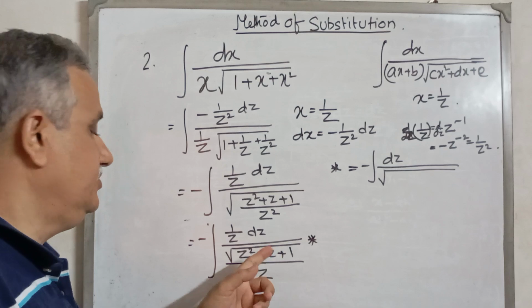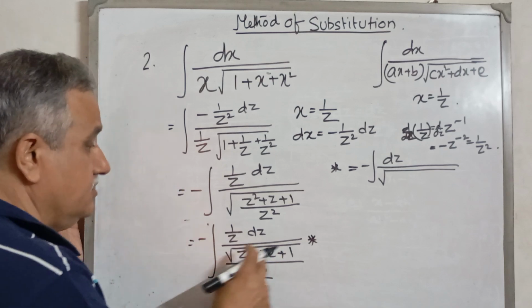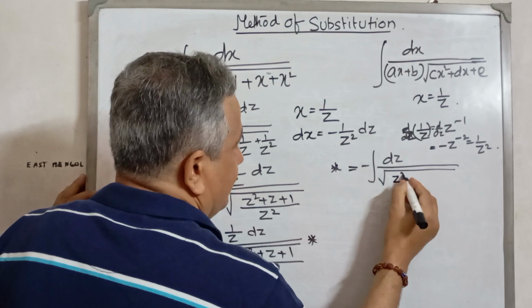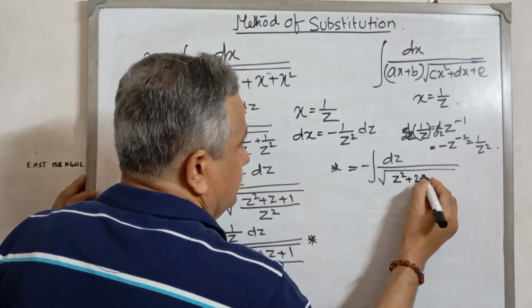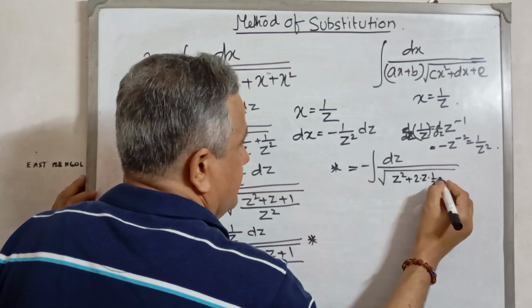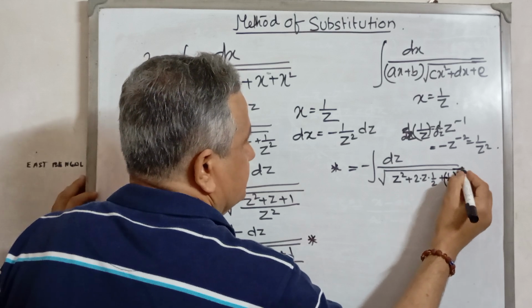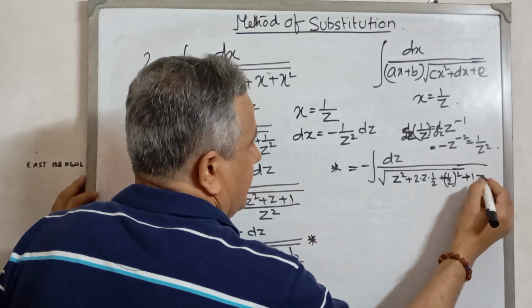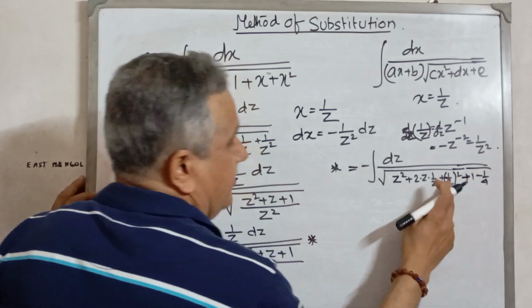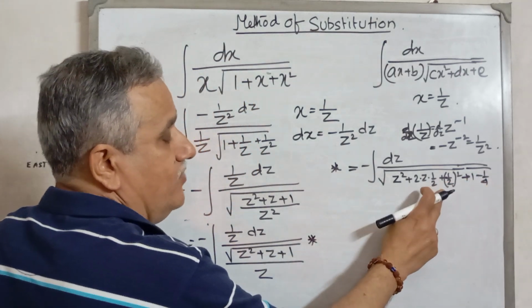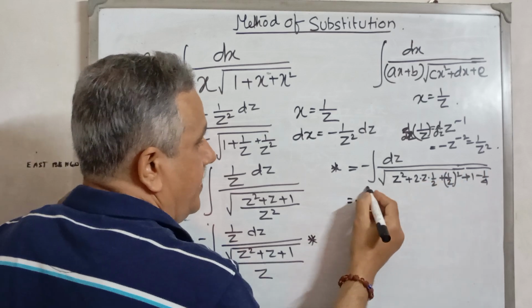Now this can be written in the a plus b whole square form: z square plus 2 into z into half, plus half whole square, plus 1 minus 1 by 4. We add 1 by 2 whole square, that is 1 by 4, and subtract it.